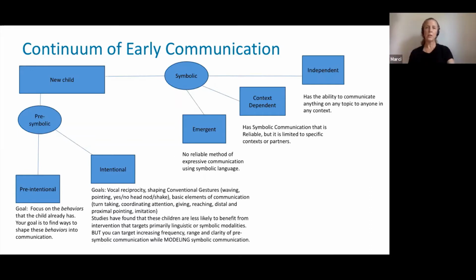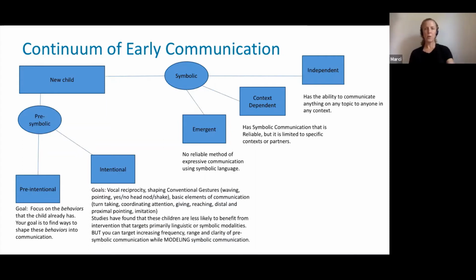Moving into the symbolic realm, we have 3 different levels. The emergent communicators, those are the kids who have no reliable method of expressive communication using symbols. So they maybe have a spoken word approximation, maybe they use a sign or two, but they don't do it consistently, reliably.